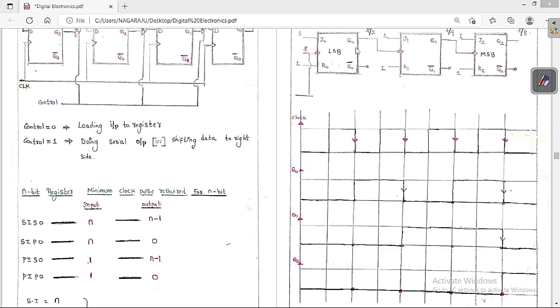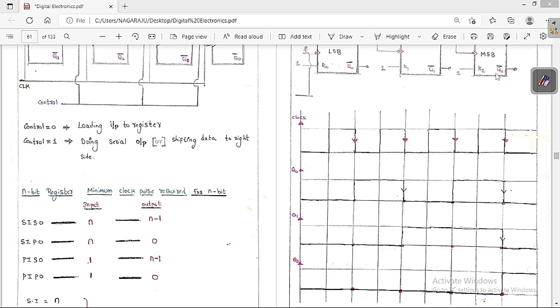So whenever the clock is changing from 1 to 0, then Q0 is going to change. Whenever Q0 is changing from 1 to 0, only then is Q1 going to change. Whenever Q1 is changing from 1 to 0, only then is Q2 going to change. This is a point you always have to keep in mind, because these are all negative edge triggering.